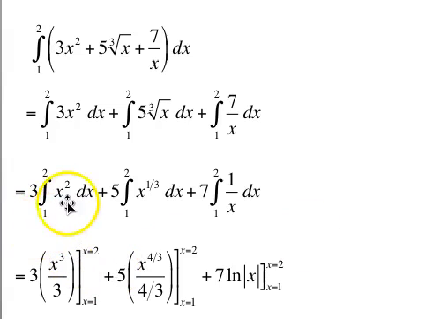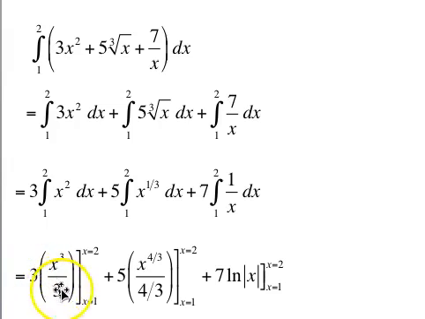Our next line here, we have 3 times x cubed over 3 as x goes from 1 to 2. There's 5 times x to the 4/3 over 4/3 as x goes from 1 to 2. And as I mentioned, the integral of 1 over x is the natural log of the absolute value of x, as x goes from 1 to 2. Now, we'd like to simplify this.